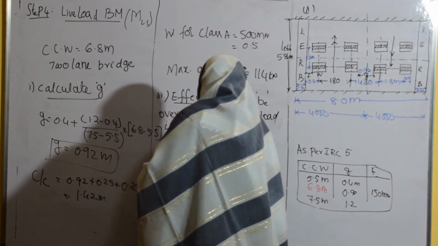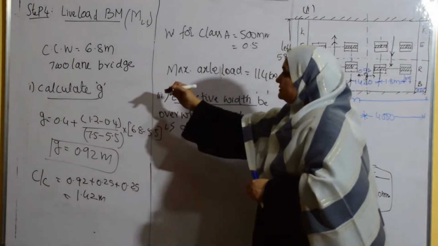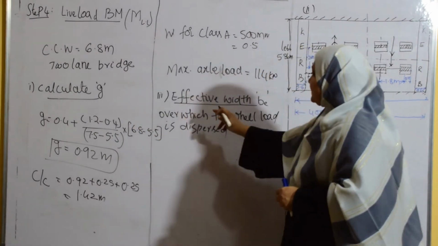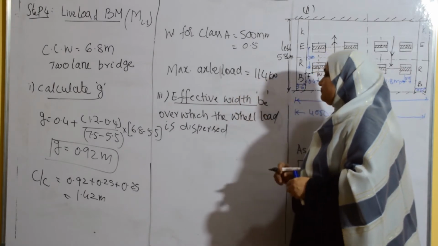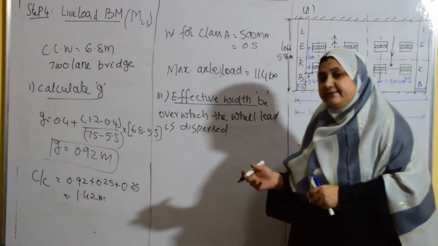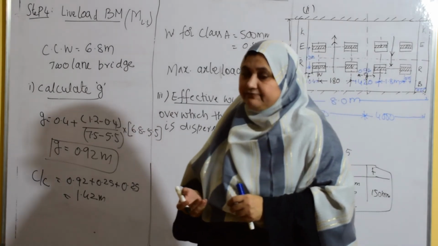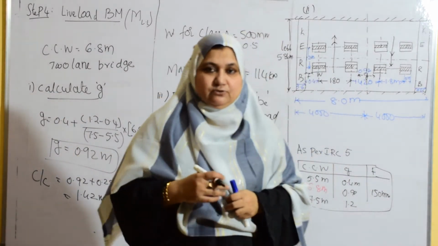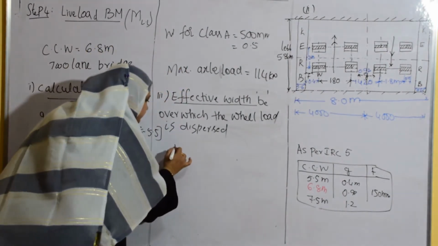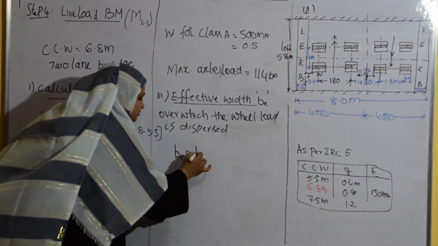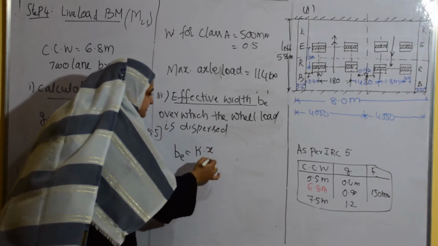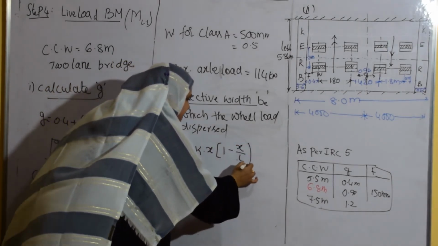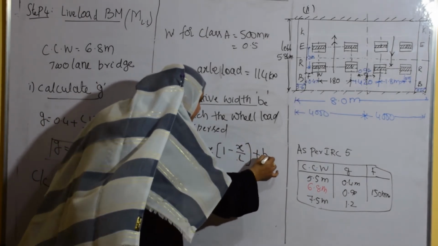This is what we are going to calculate in the third step of step 4. So we are going to calculate the width over which the wheel load is dispersed. Again, if you check IRC 5, a formula is given to calculate the effective width. So that formula I am writing down: BE is equal to K X into (1 minus X by L) plus BW.